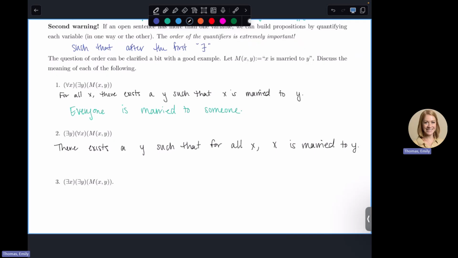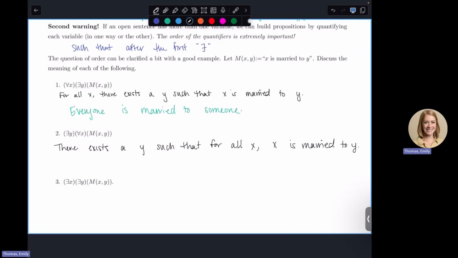Y is just married to everyone. Correct. That is what I'm saying. That there is a person, Y, who is married to everyone. That is alarming and problematic for everyone involved.